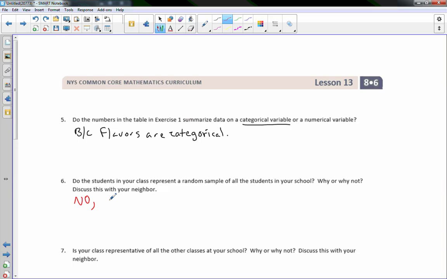It is a predetermined set of people, if that makes sense. If I wanted to do random, I'd have the entire class of 8th graders, for instance, in the auditorium or cafeteria or somewhere, and I would walk around and I'd randomly choose certain students, maybe the third person at each table or something like that.